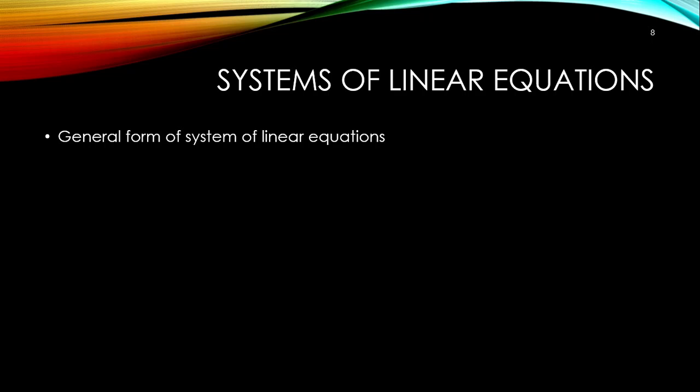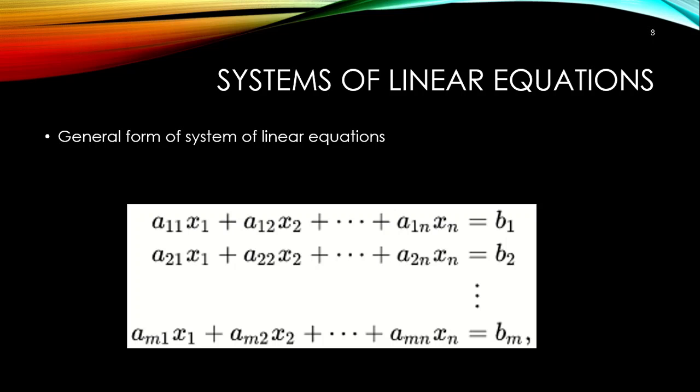So the general form of a system of linear equations can be written like this, where a11, a12, up to a1n, then a21, a22, and so on. The aij's are called the coefficients, and the xi's are called the variables or the unknowns.